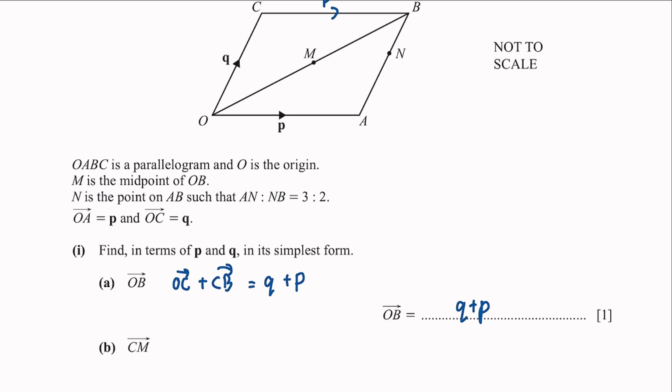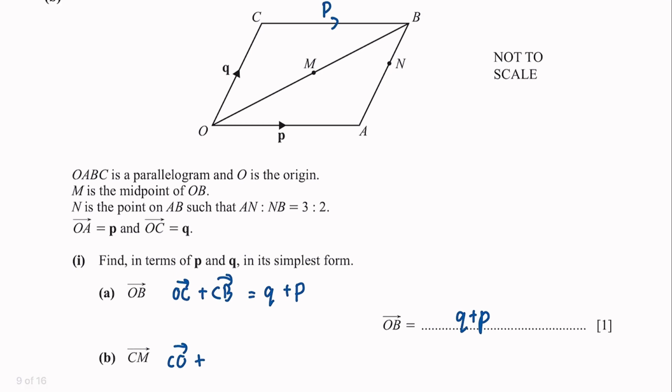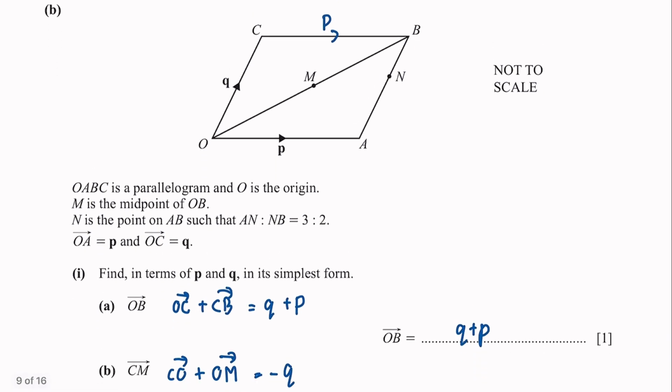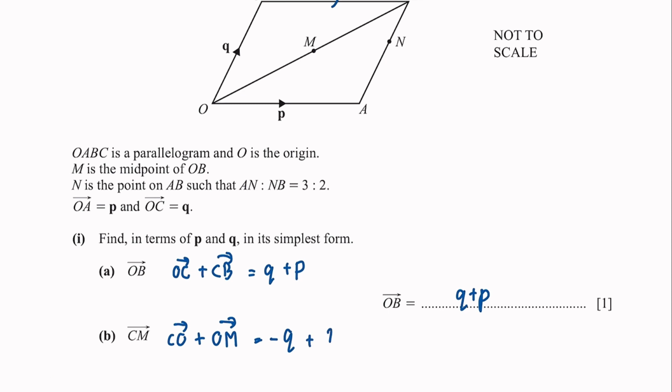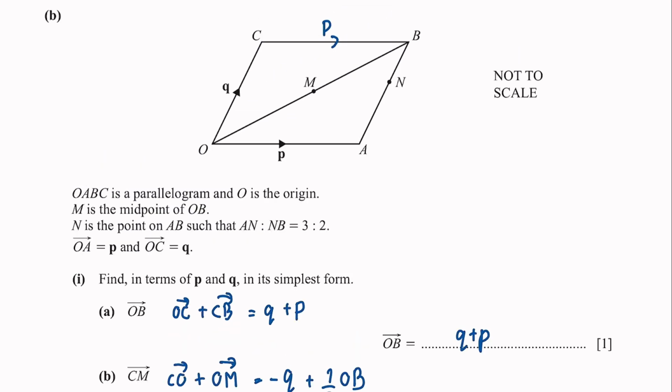Find CM. Therefore, CM is CO plus OM. CO is equal to minus Q because OC is Q. And then OM is 1 over 2 of OB because M is the midpoint of OB.